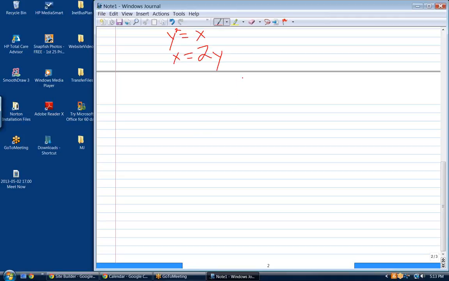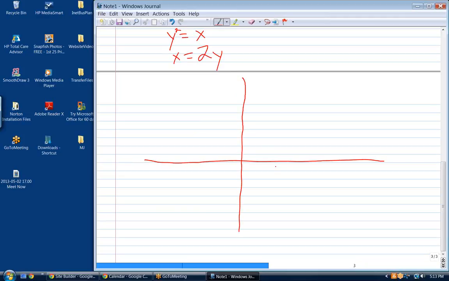X equals y squared is a sideways parabola, if you remember your conics. And x equals 2y is y equals x over 2, so that's a slope of 1/2. So it's something like that. And then we're revolving it around the y-axis.